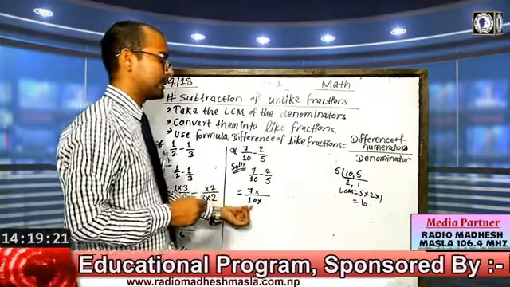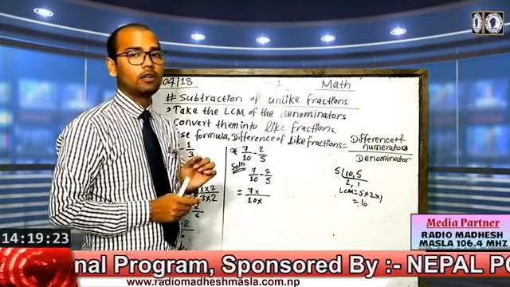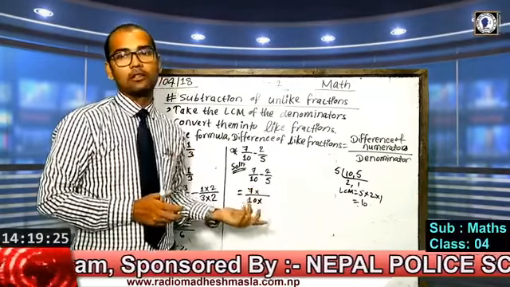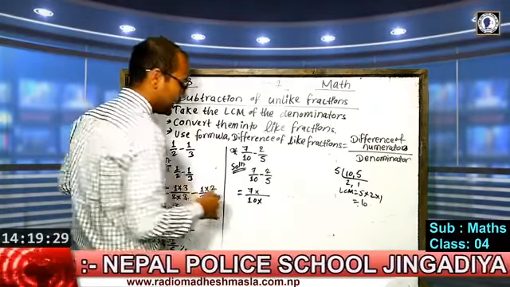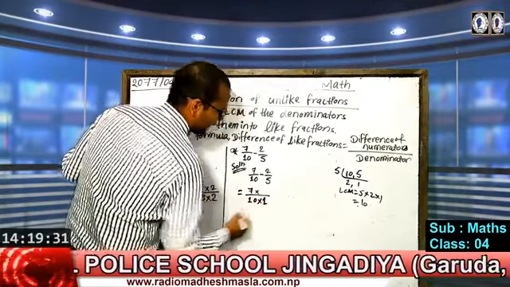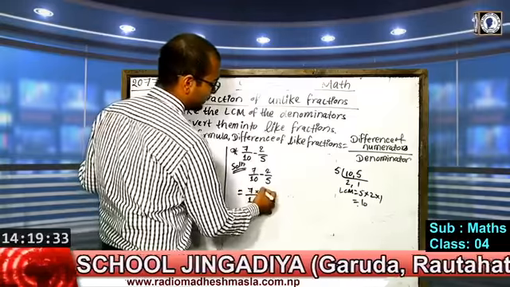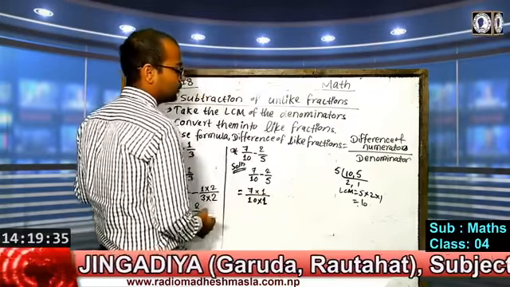When 10 is multiplied by 1, we get the LCM 10. So when we multiply the denominator by 1, we should also multiply the numerator by 1.